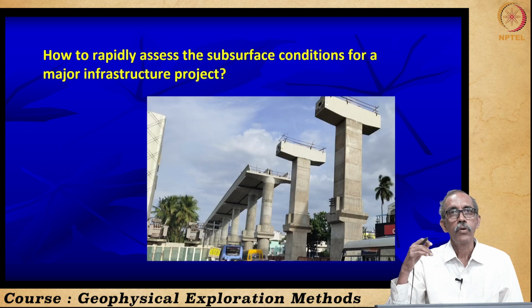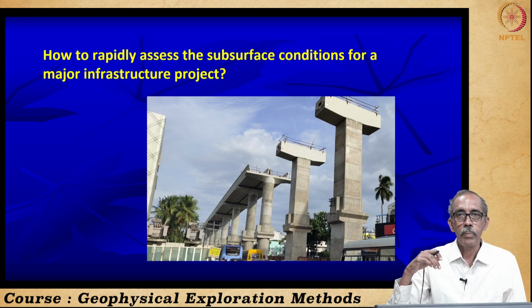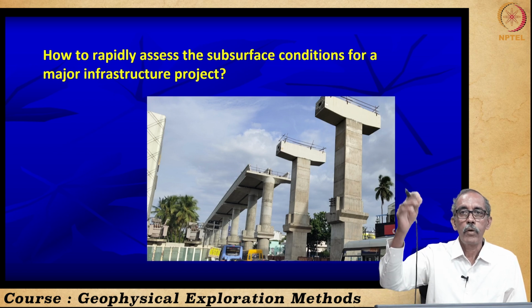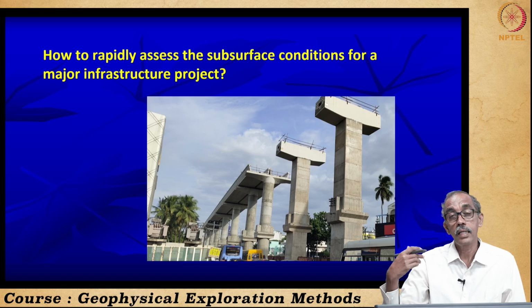Then the fourth question we had seen is how we can rapidly assess the condition of the subsurface for a major infrastructure project, where a profile-based assessment has to be done for several kilometers. You can see a picture where an elevated metro rail work is coming up. How can we assess before the commencement or at the stage of preparation of the detailed project report, DPR?